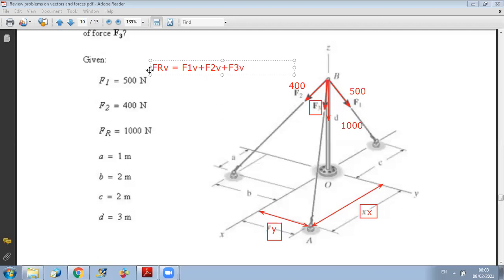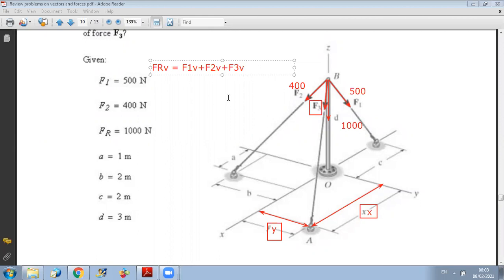And always keep in mind, in 2D, a vectorial relation will give me two equations, one in X, one in Y. In 3D, a vectorial relation will give me three equations, one in X, one in Y, one in Z, by doing comparison.